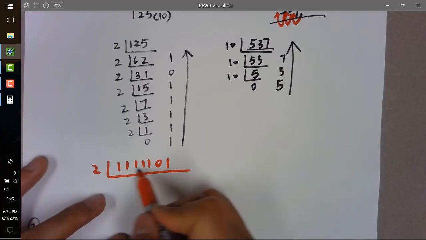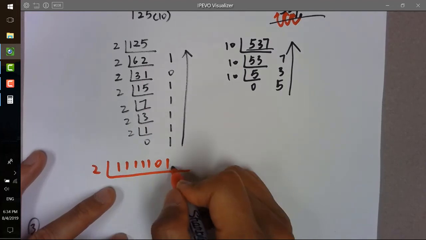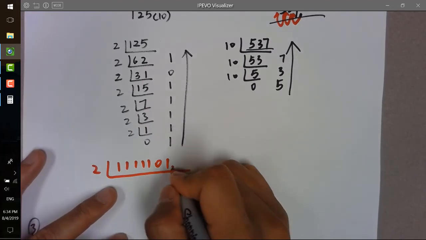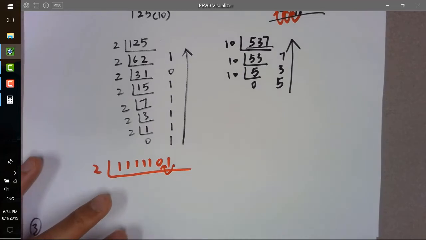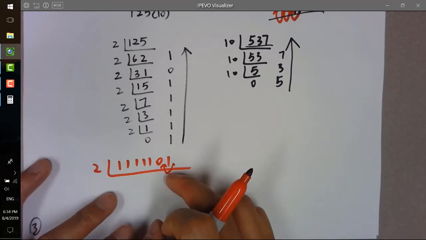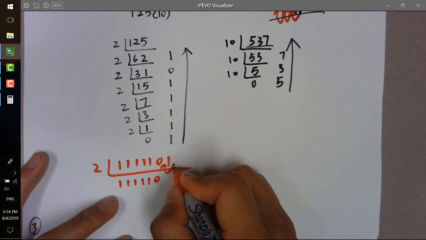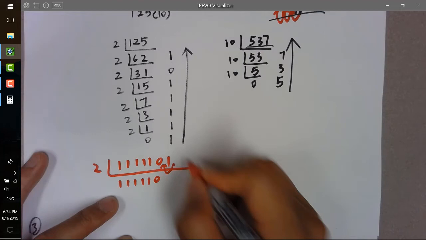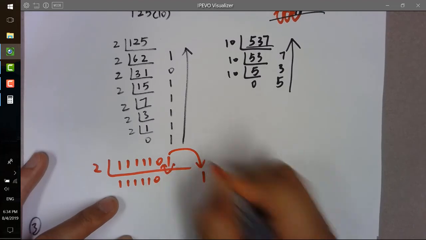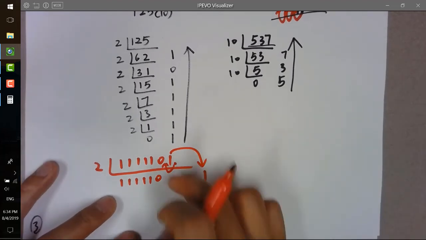So when you divide a binary number by 2, you're actually shifting this binary point to the left by 1 digit. So this one divided by 2 is going to be 11110. That's the result. And since you just shifted this point to the left, you have a remainder of 1 because this is 1 here. Okay, this is how you get it.